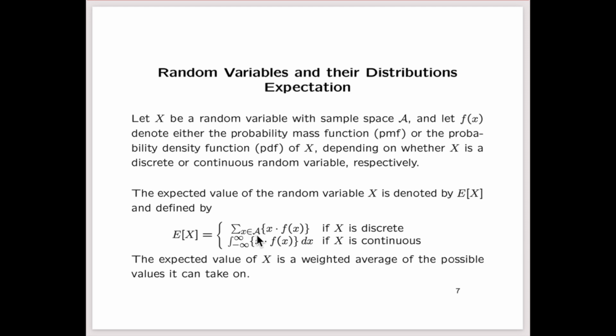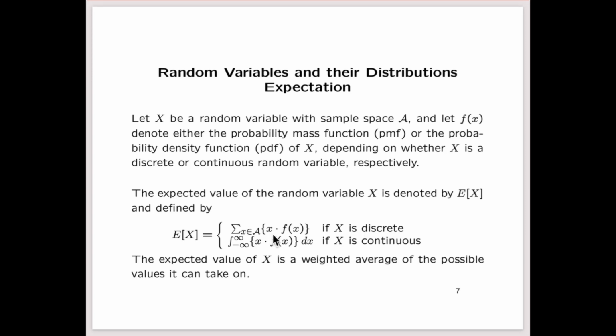So what are the terms in the sum? Well, we can see that they are products. The product of x times f of x. Again, x is a value from the sample space, and then f of x is the probability associated with that outcome. And so this is a weighted sum of the values in the sample space of X, and the weights are the values of the PMF, the probabilities.